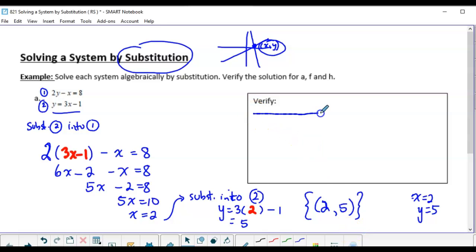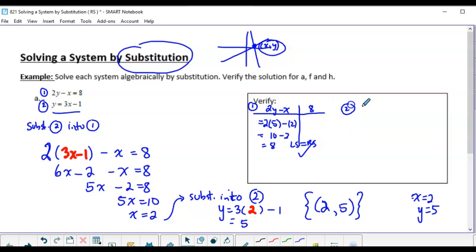To verify, we'll start with the equation 1. So that's 2y minus x equals 8. Now this will be 2 times, so the point here is 2, 5. So 2 times 5 minus 2. Well, that's 10 minus 2, which is 8. So left side equals right side.